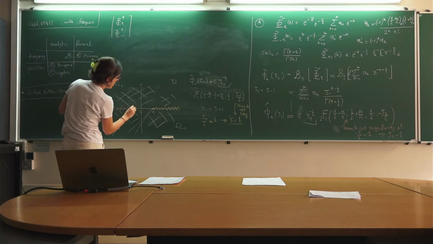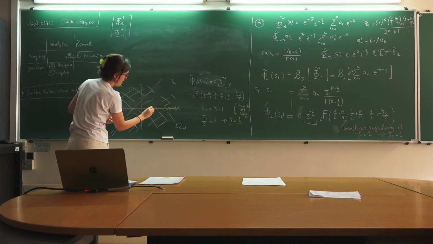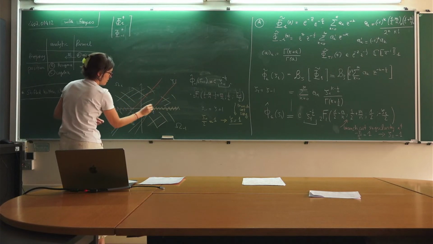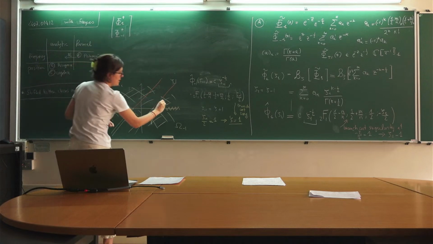So for instance, we can pick an angle theta and take these two contours. So this will be theta plus.